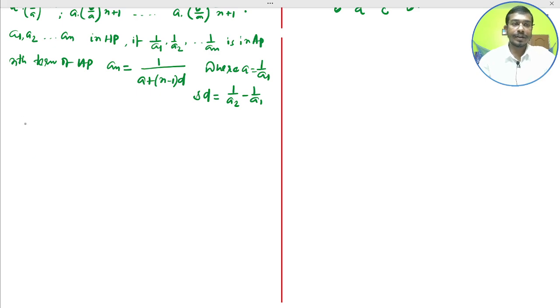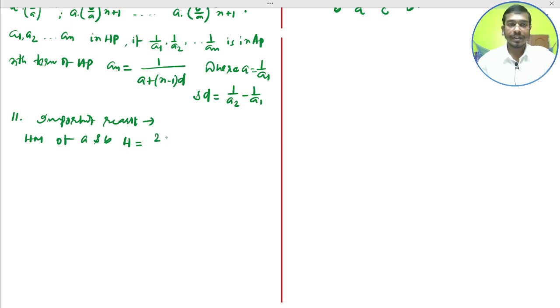And here the important result in HP, number 11. Harmonic mean of A and B is defined as H, that is twice AB divided by A plus B. This is the harmonic mean.